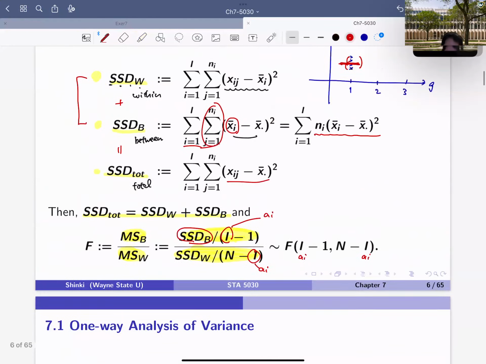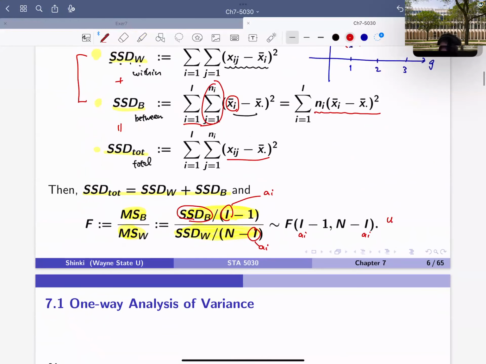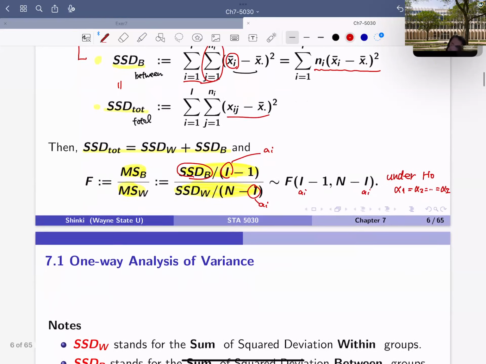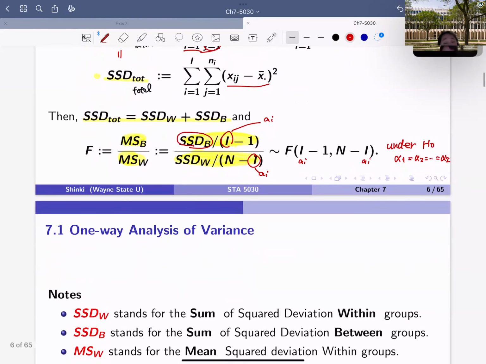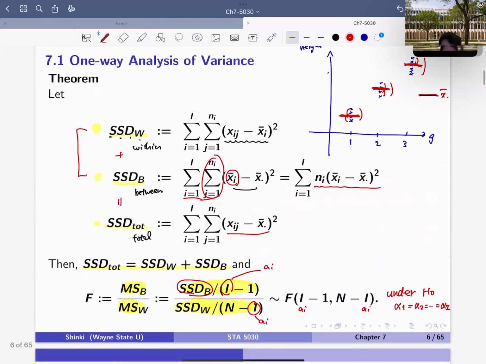So I think I have to say that this is under the null hypothesis. The null hypothesis is that alpha 1, alpha 2, these are all the same. So based on this, we can use this as a test statistic to see if this null hypothesis is true.